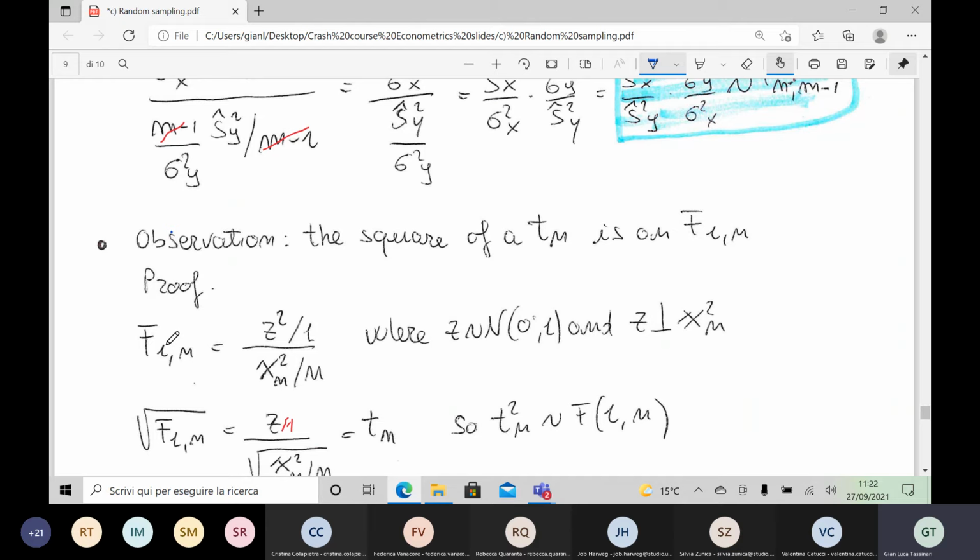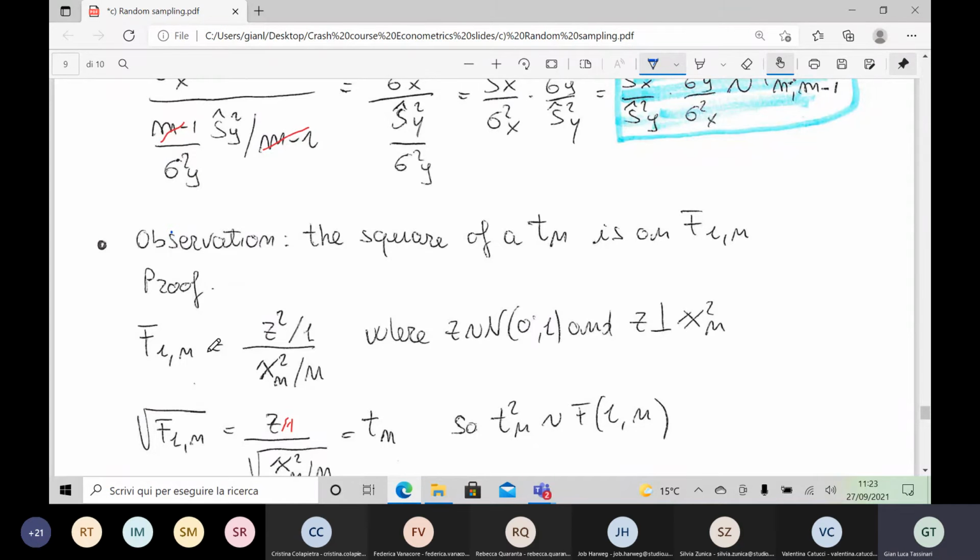But as I explained earlier when we studied the chi square, a standard normal random variable taken to the power 2 is a chi square with 1 degree of freedom. So this is a chi square with 1 degree of freedom divided by 1.